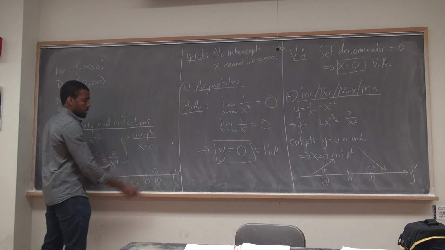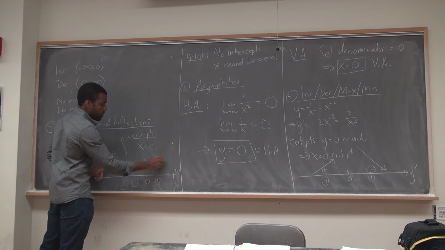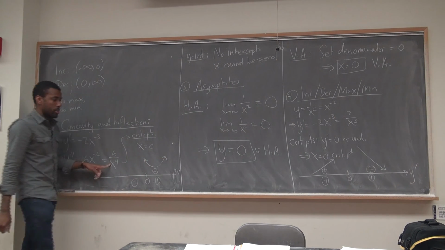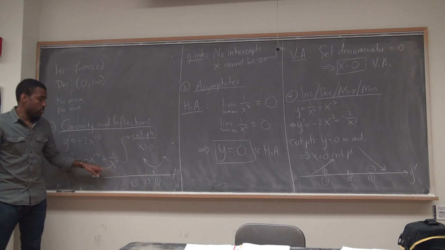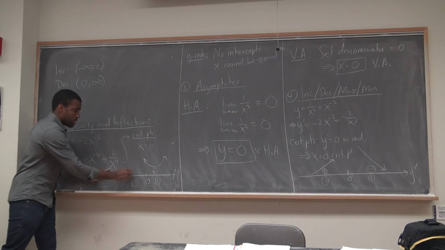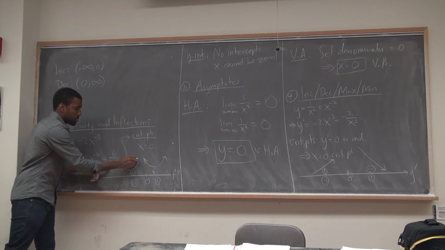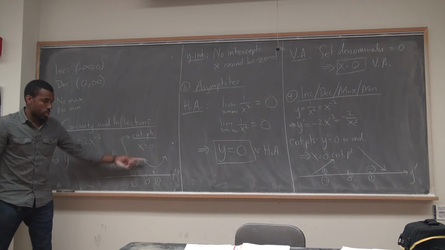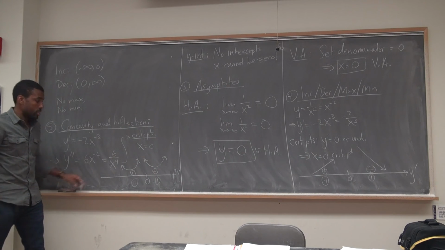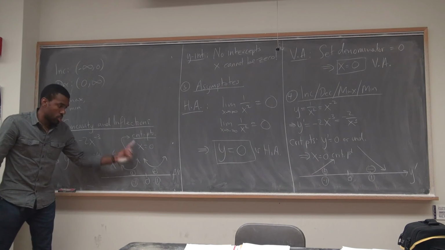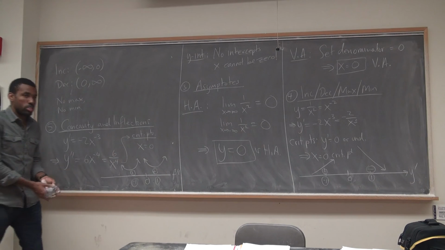Now, positive in this context means concave up, like a cup, shaped like a smiley face. If I plug in a negative 1 in here, I still get a positive because my x is being raised to the 4th power. So it's concave up again. Notice that I did not switch concavity, so there are no inflections, obviously. And even if I did switch here, 0 is not in the domain, so 0 is nothing.